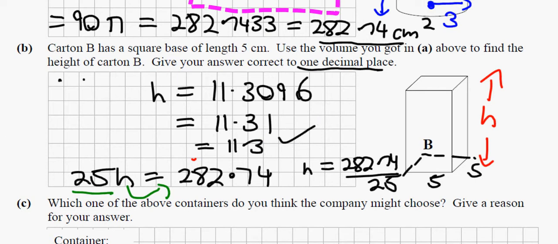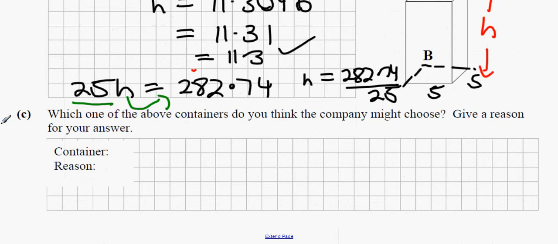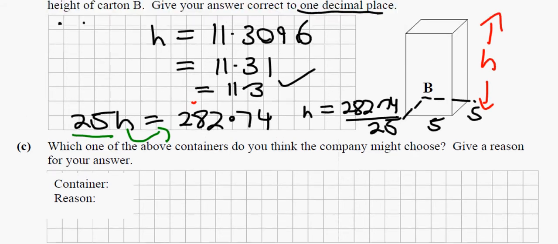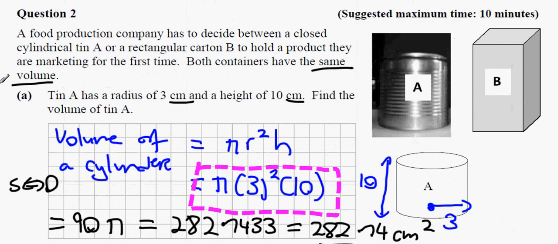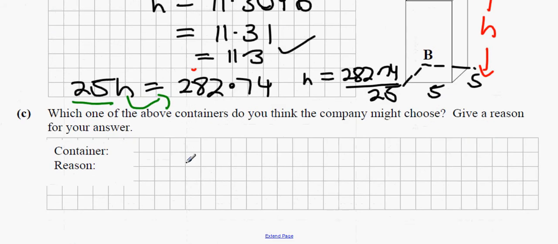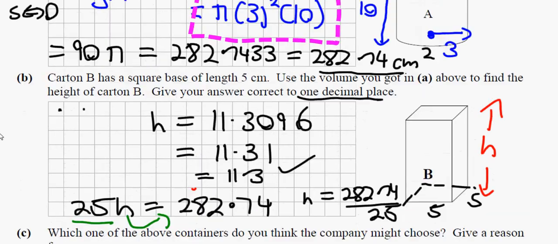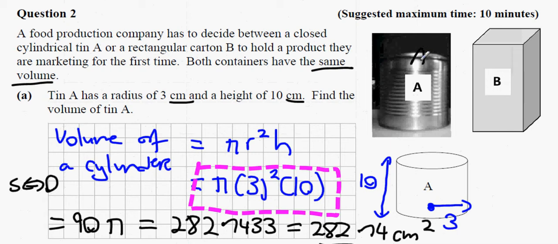Which one of the containers above do you think the company might use? Give a reason for your answer. We can see that they both have the same volume, but the cylinder is shorter. The cylinder has a height of 10, while B has a height of 11.